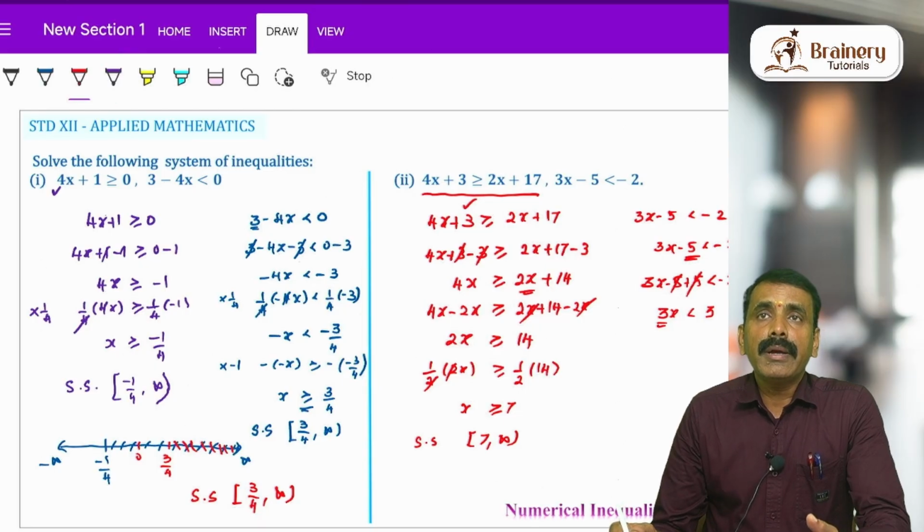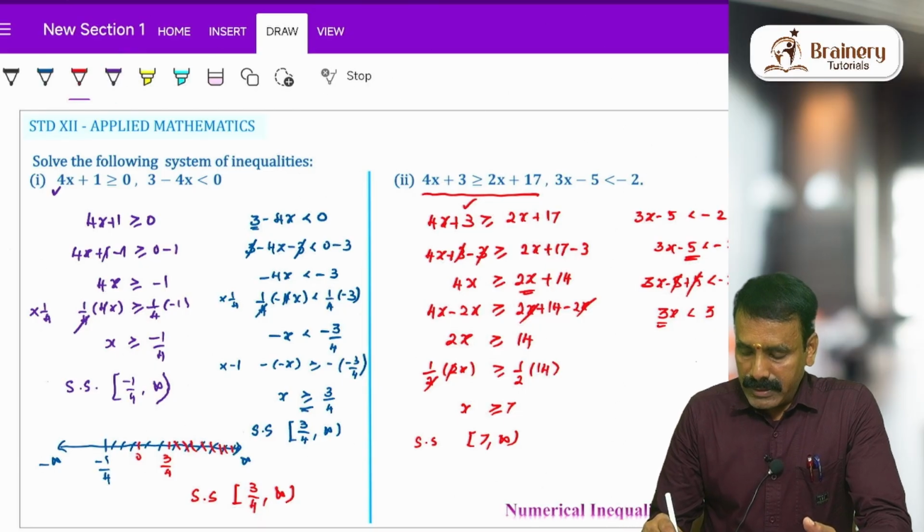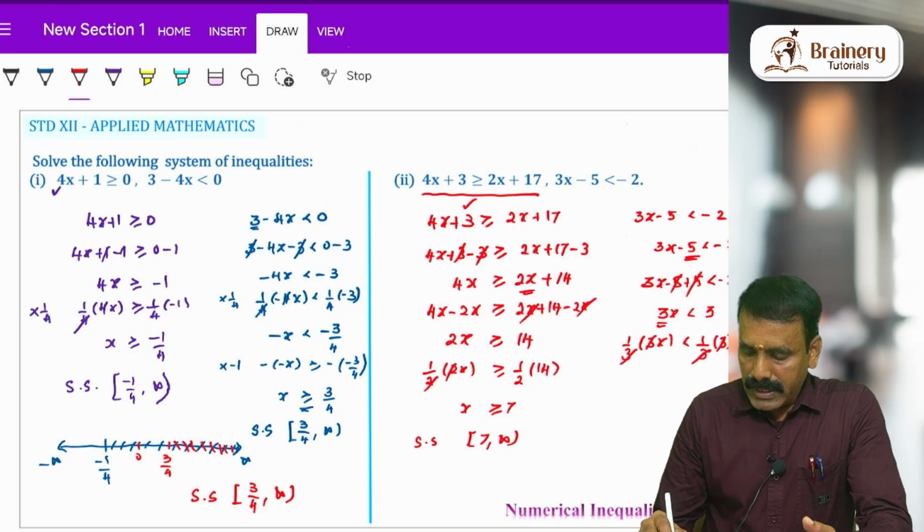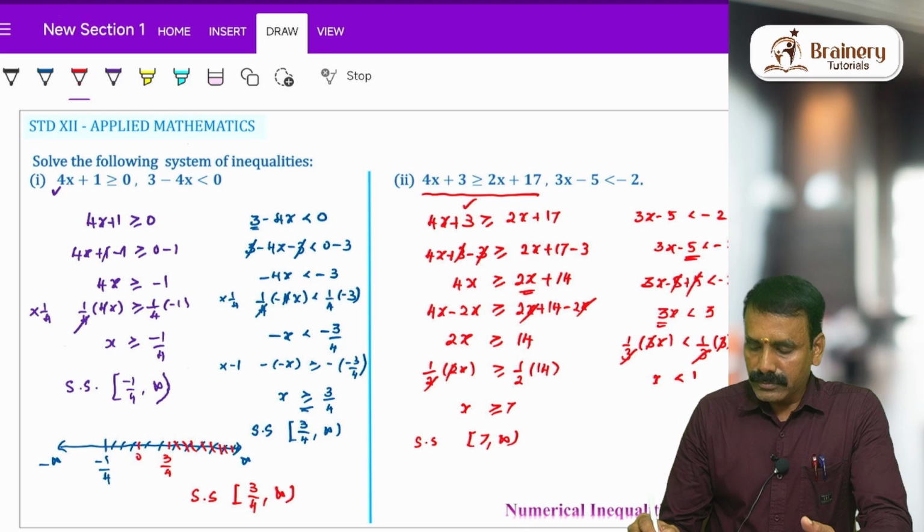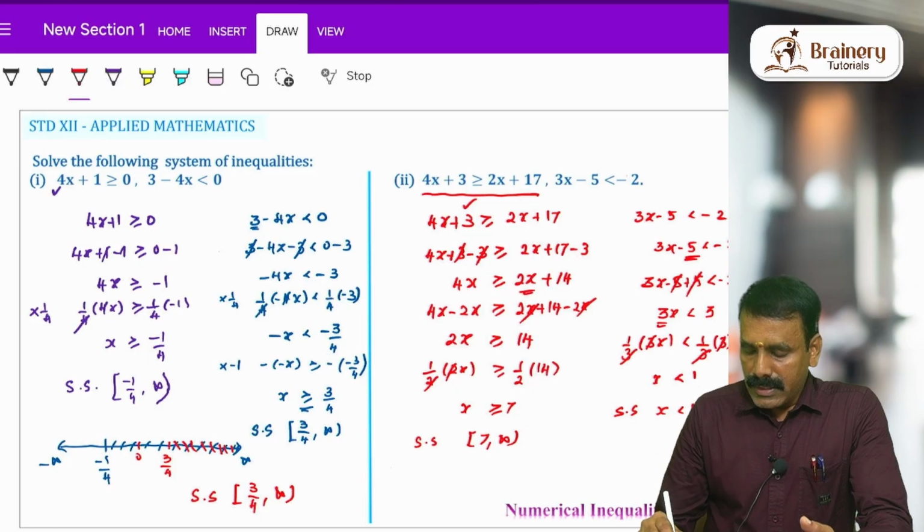I have to multiply by the multiplicative inverse of 3, that is 1 by 3. So we multiply 1 by 3 into 3x less than 1 by 3 into 3. So 3 cancels, here also 3 cancels. So we get x is less than 1. Okay. So here we are having the solution set, x is less than 1, that is minus infinity to 1 open.